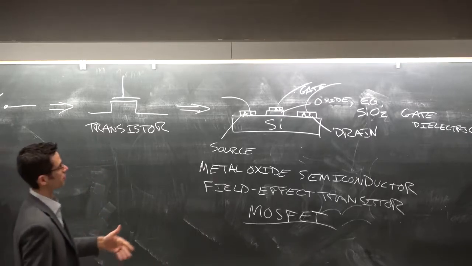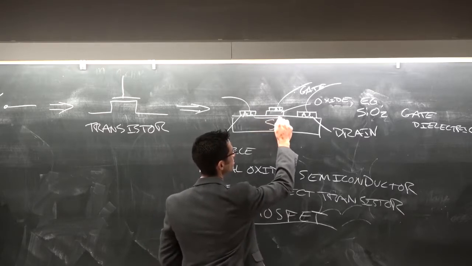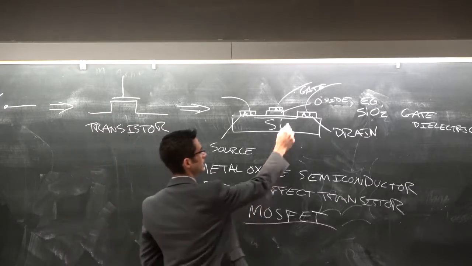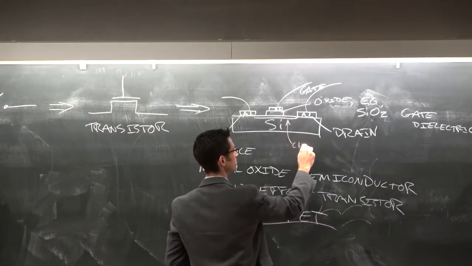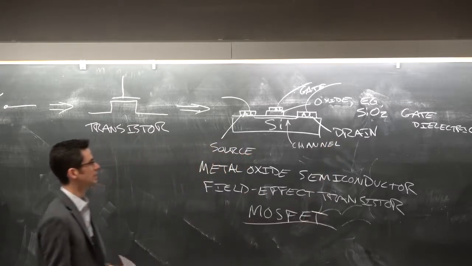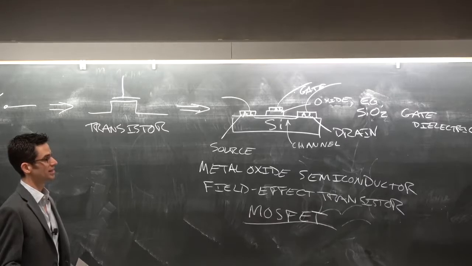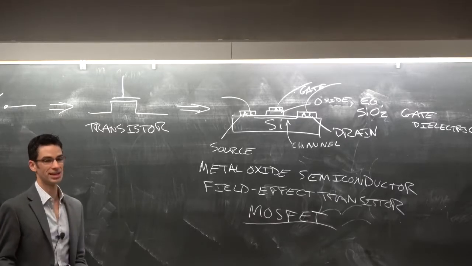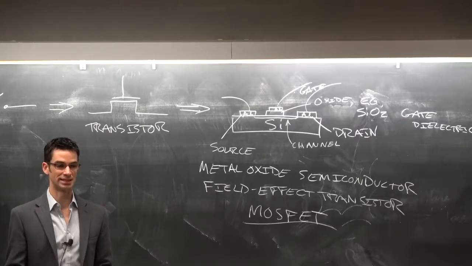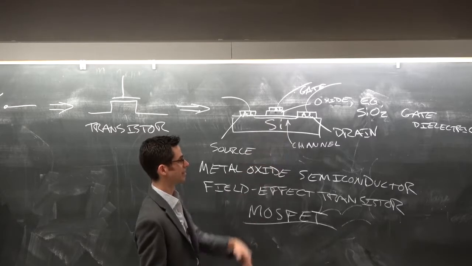Basically what we're doing is creating a conductive channel under the gate dielectric. So this is the channel. The charge carriers in the channel have the opposite charge to the voltage applied to the gate, because it capacitively couples through the gate dielectric into the semiconductor.